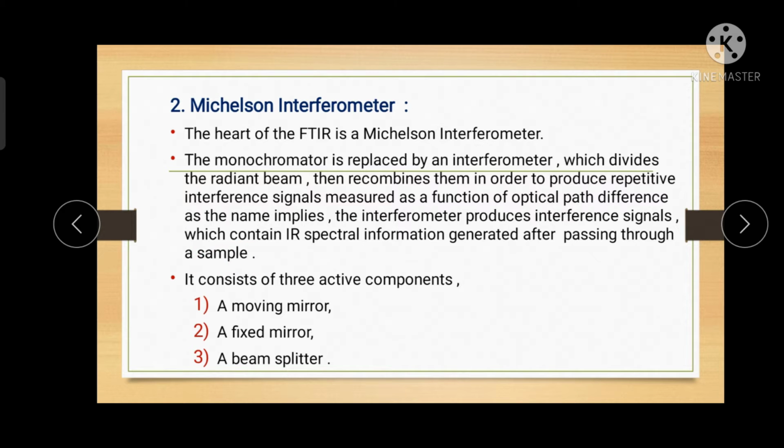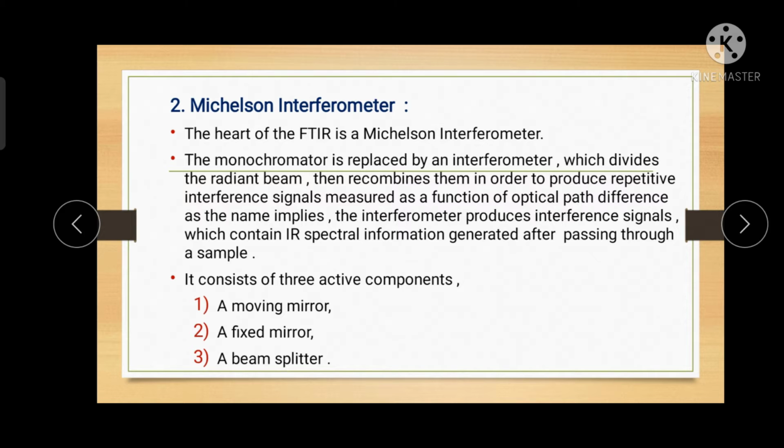That means the main element of FTIR spectroscopy is nothing but the Michelson interferometer, and it produces the repetitive interference signals. It consists of different parts, such as two mirrors and one beam splitter.